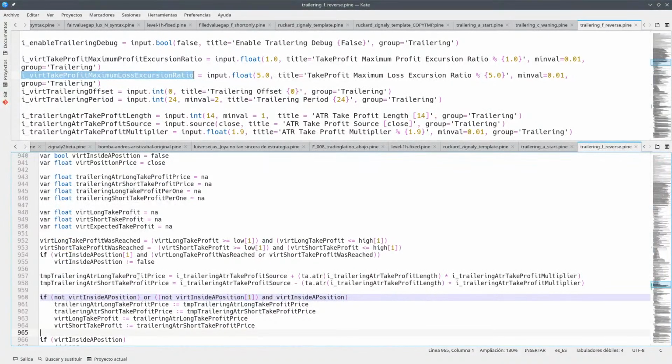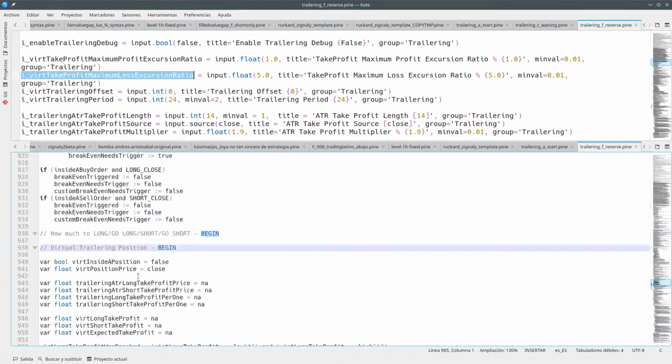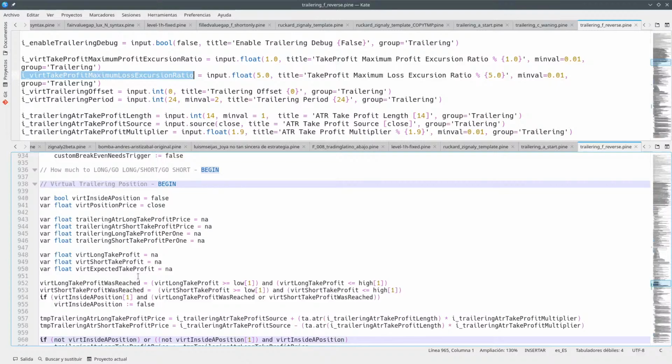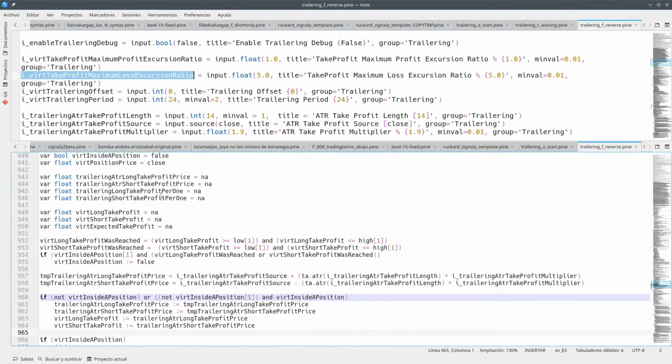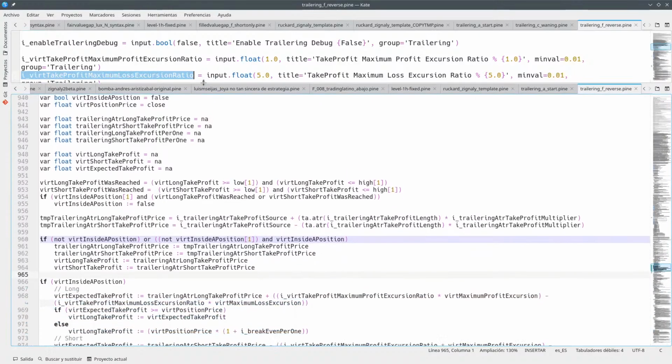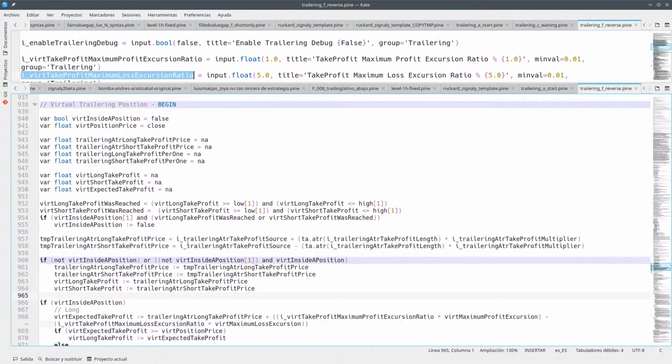So, let me see. Yeah. This needs to be moved up so that it makes sense, so that we can use it later in the strategy itself.